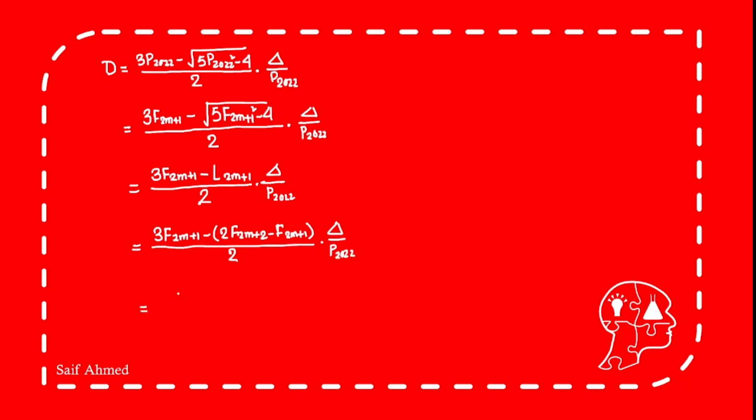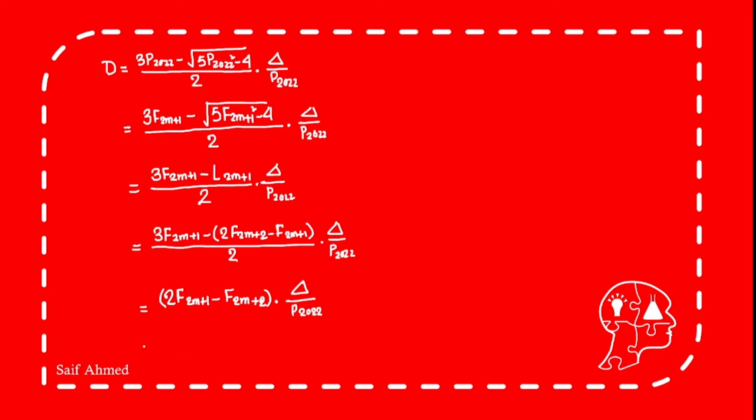So at this stage, from this line, we can directly write 2 f of 2m plus 1 minus f of 2m plus 2 whole into del by p of 2022.